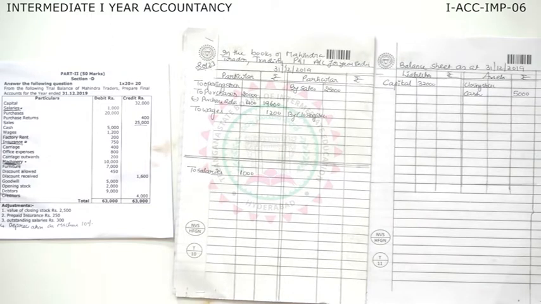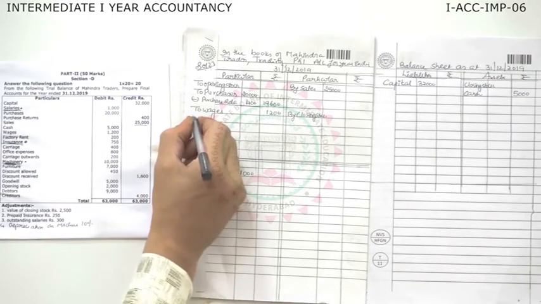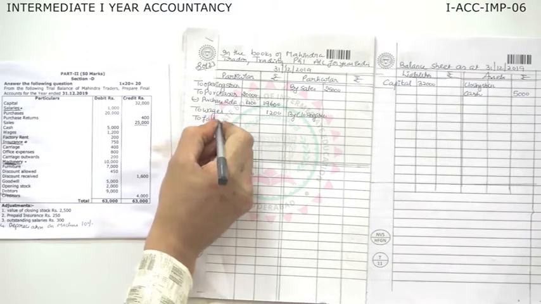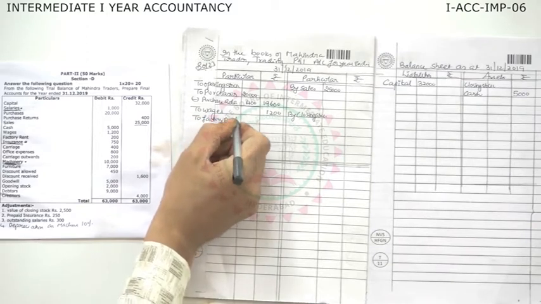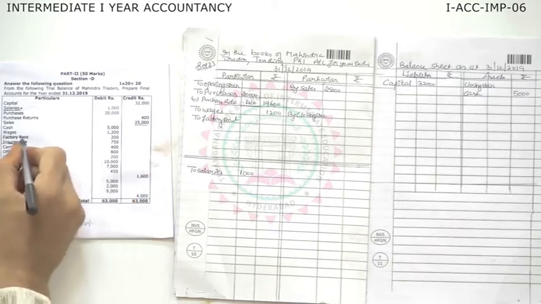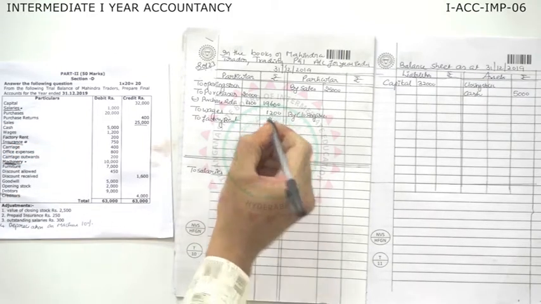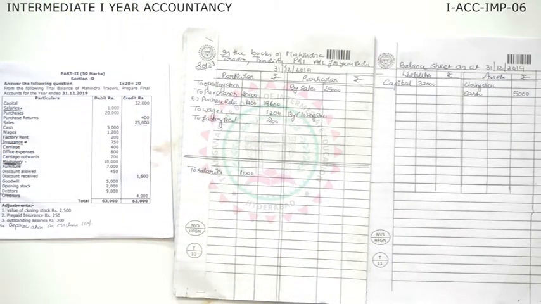Then they give factory rent. Any expense relating to factory is a direct expense. So again, trading account to factory rent. How much is factory rent given? 200.